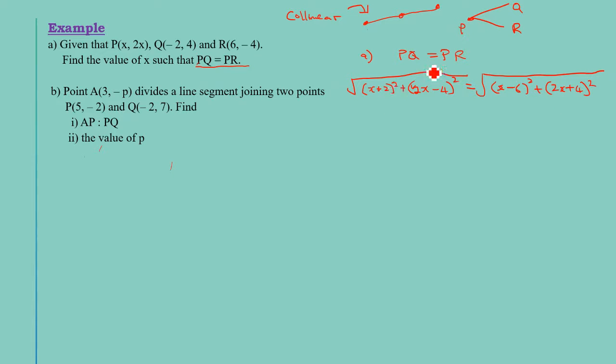Okay, when you square root both sides, there's no number in front of the square root, so no changes, so you can cancel the square root. So by squaring both sides, you cancel the square root. You just need to expand this.